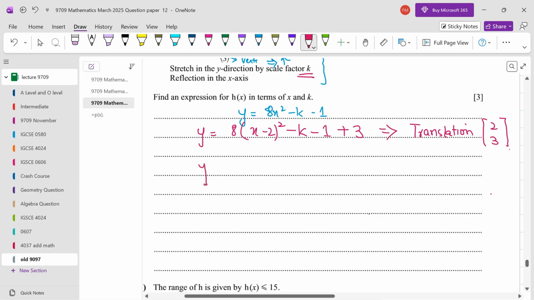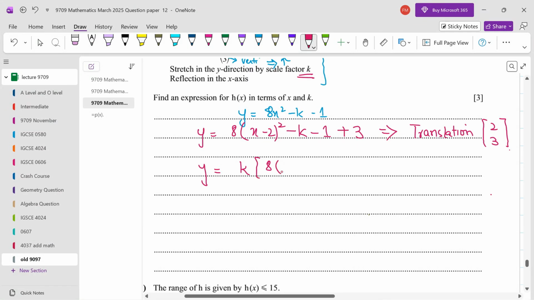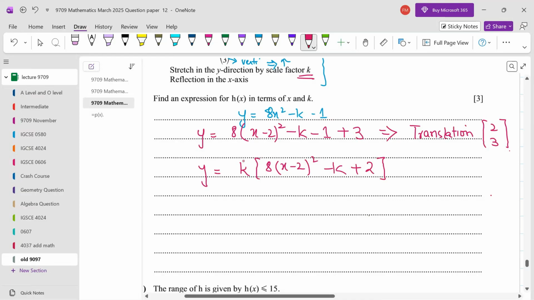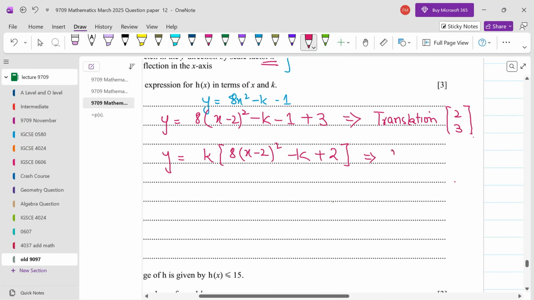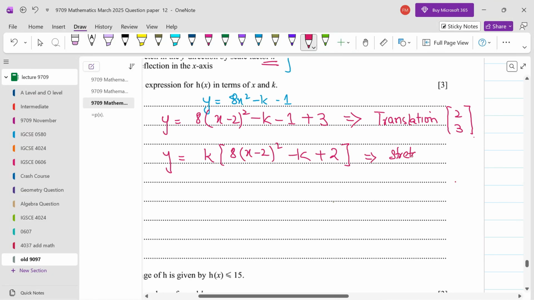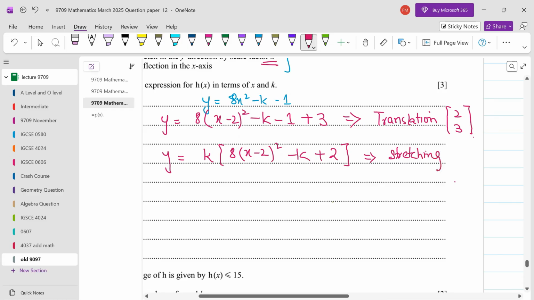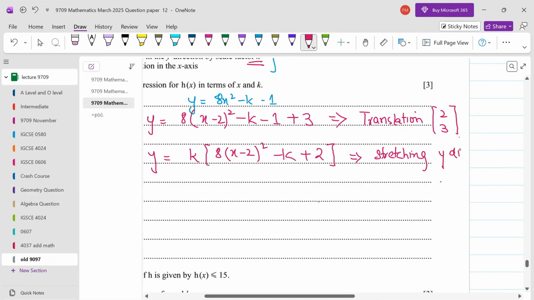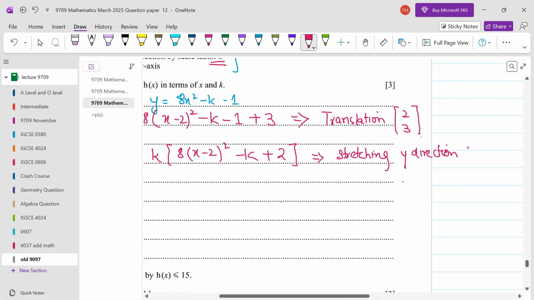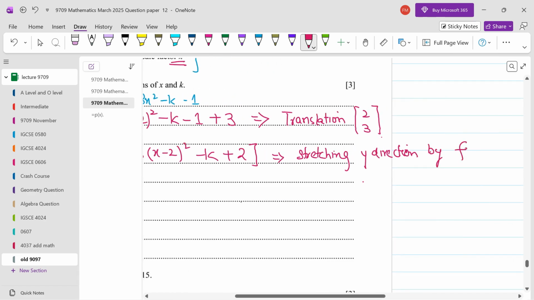So y is equal to k times 8 times x minus 2 whole squared, minus k, negative 1 plus 3 is plus 2. So this is the stretching in the y direction by factor k.